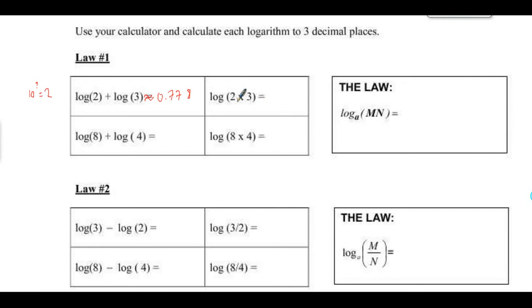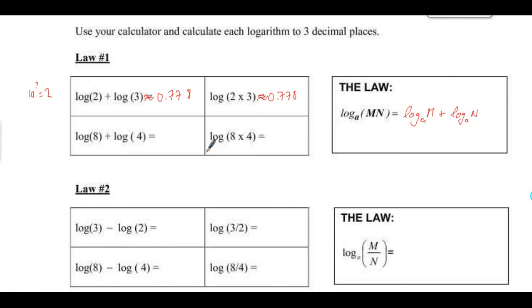And if you do log of 6, log of 2 times 3, you also get approximately 0.778. And if you repeat that here for this exercise, you can confirm for yourselves that we seem to be getting this rule: if we have two numbers that are multiplied and take the log of that, then it's the same as adding the logs of the two numbers separately.